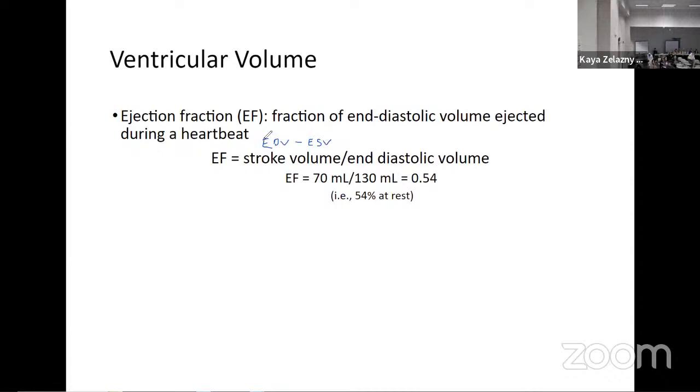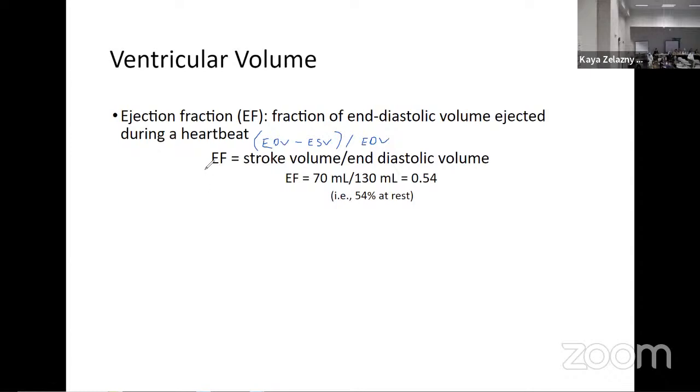That gives us a number in milliliters, because we're just calculating how much volume we squeeze out of the heart. To turn that into a percent, we're just going to divide it by that bigger number, that most number, right? The amount we lost over the most blood that we had in there at any point. So we're dividing by that end diastolic volume.